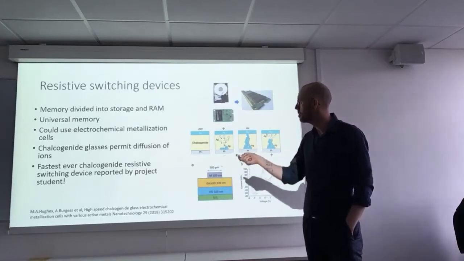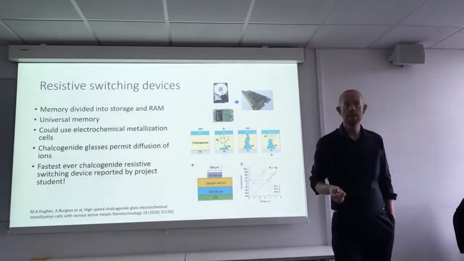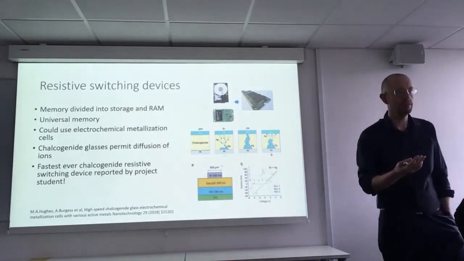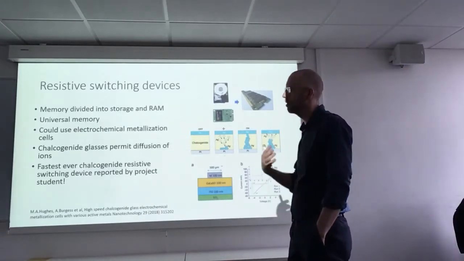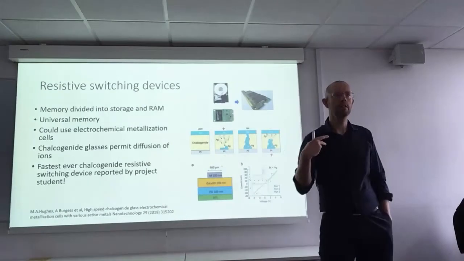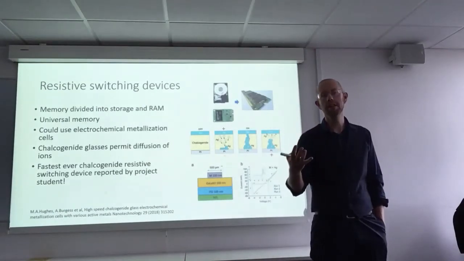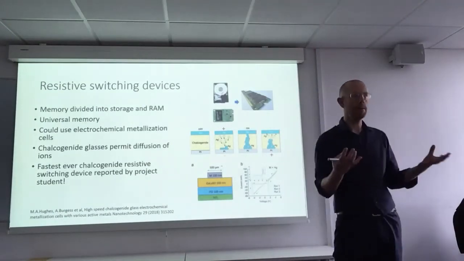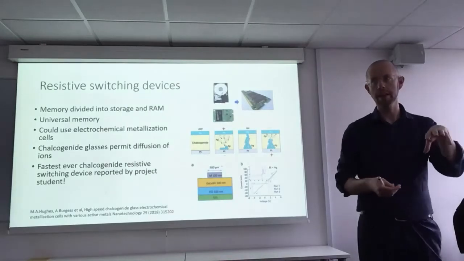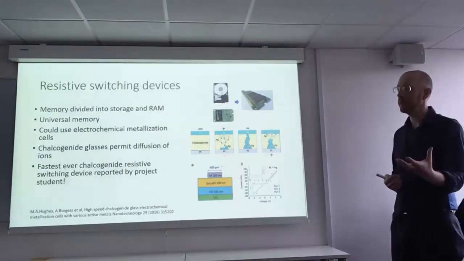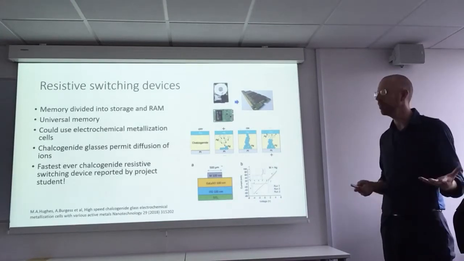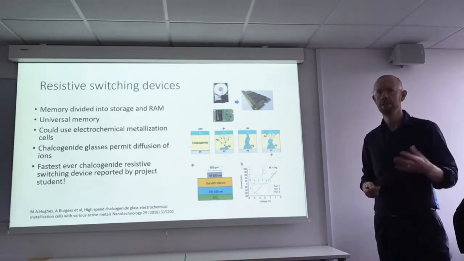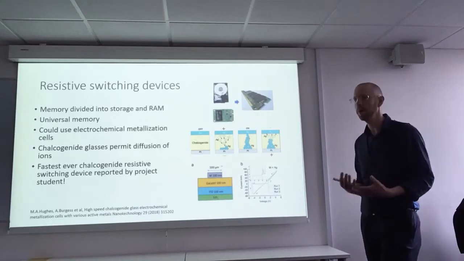Whereas storage, which traditionally used hard drives or solid state drives, is the type of memory that can store data in a non-volatile way. So if the power goes off, your data is still there, but the price you pay for that is that it's much slower. Hard drives are incredibly slow compared to RAM. Solid state drives are a bit faster, but still nowhere near the speed of RAM.